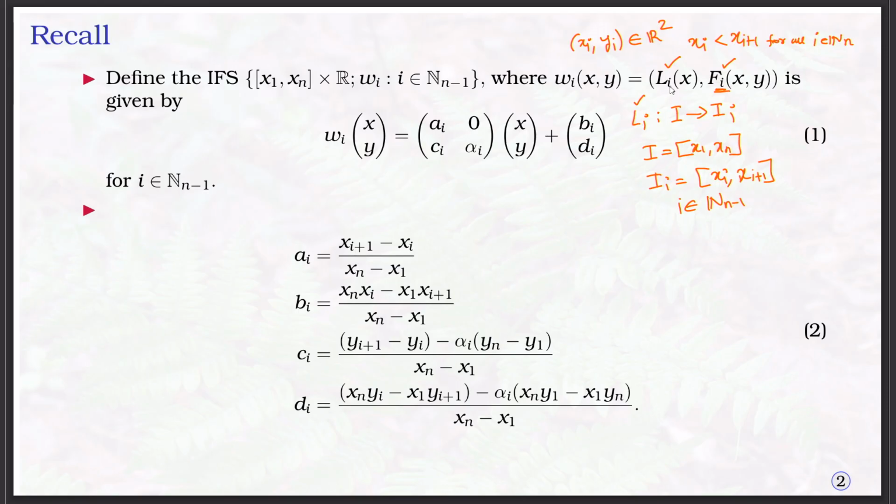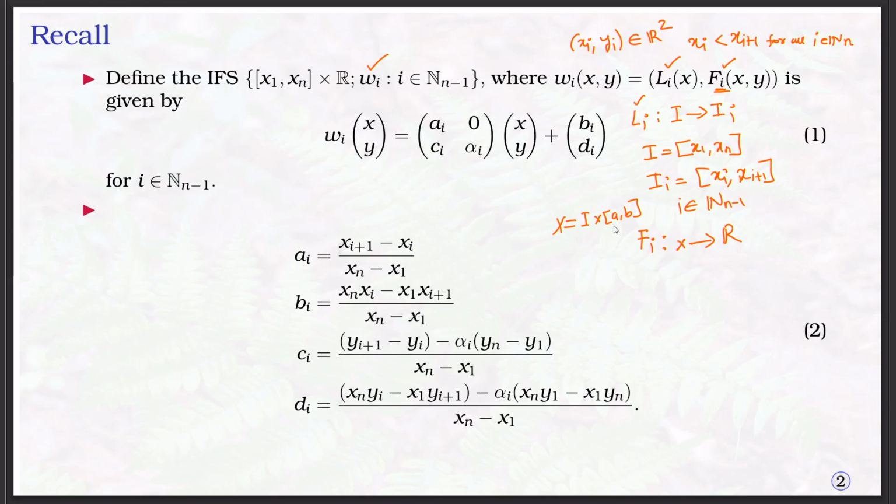Then by using this Li and Fi, we can construct the Wi. Here we define Wi from X to R, where X is I cross the closed interval a comma b, where a is less than the minimum among all the y.